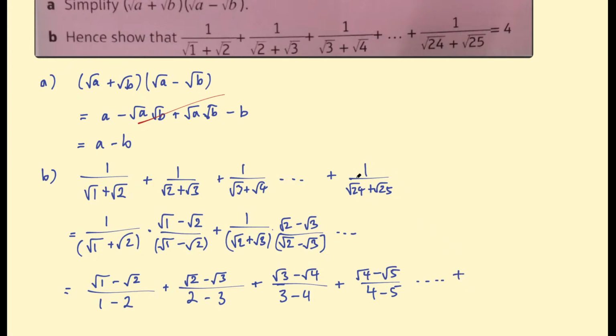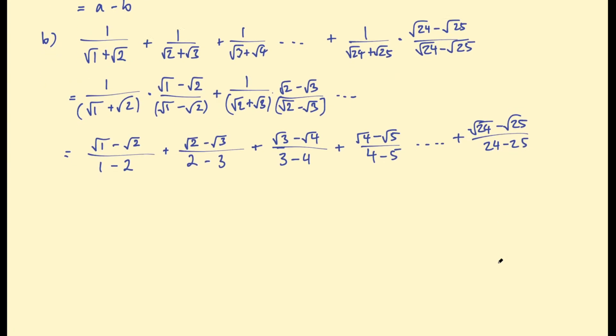What do you think this one would be here? Well, we'd be multiplying by the square root of 24 take the square root of 25 over the square root of 24 take the square root of 25. In the numerator, I'd be left with the square root of 24 take the square root of 25 all over 24 take 25.